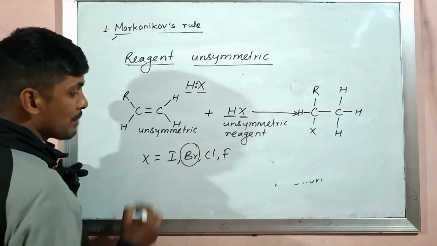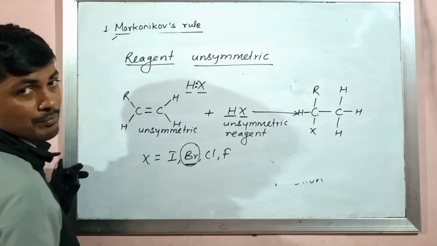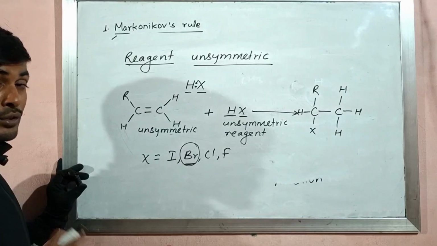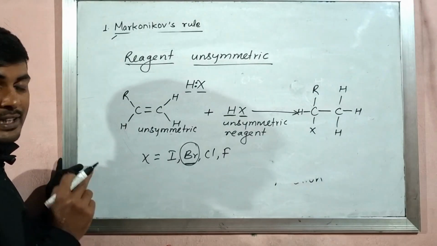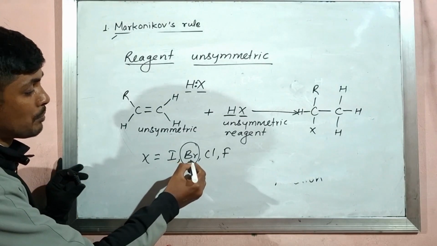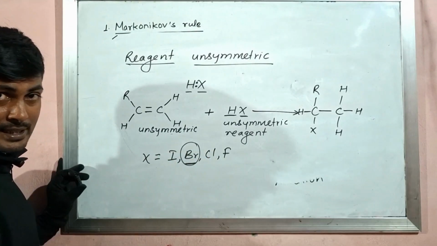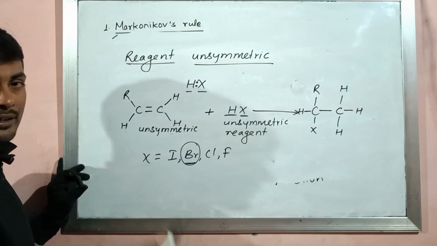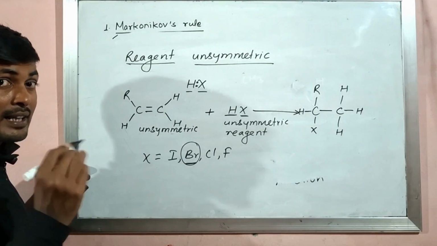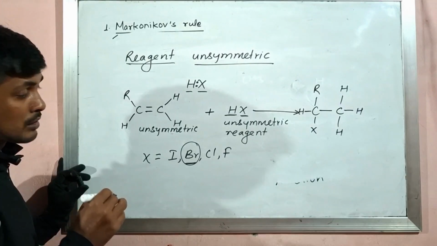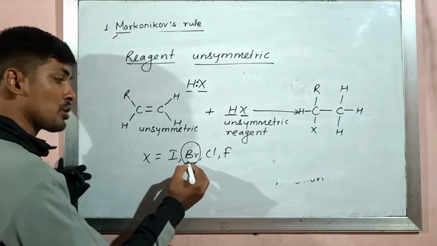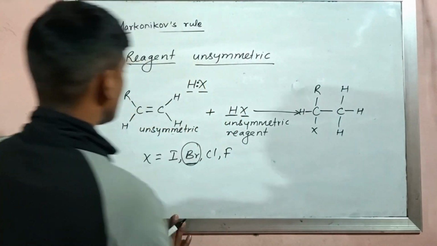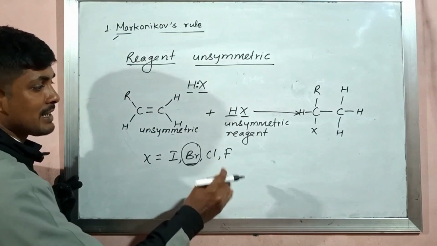But generally in Markovnikov's rule, we take bromine, because anti-Markovnikov's rule is applicable only in the case of bromine, not in other cases. If there is hydrogen bromide, then that hydrogen bromide shows the anti-Markovnikov's rule also. That is why in Markovnikov's rule also we take bromine. Now let's see what happens in its mechanism.